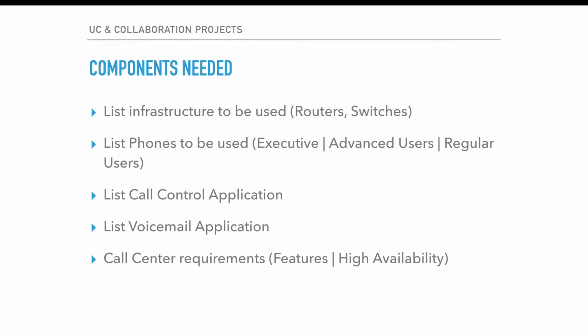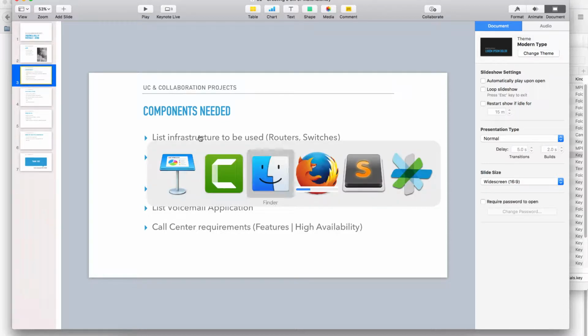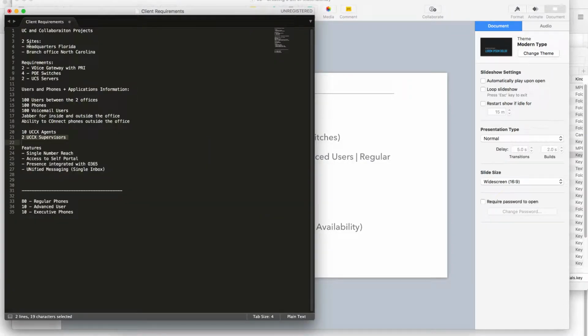So basically we have the requirements here. This is what we need, the licensing and everything. Hopefully you got that from your previous meeting with the client. And now this is my notepad or my text application where I was able to gather all that information. We do have two sites. We have a headquarters, we have a branch office in North Carolina, two voice gateways, 4 PoE switches, and 2 UCS servers.